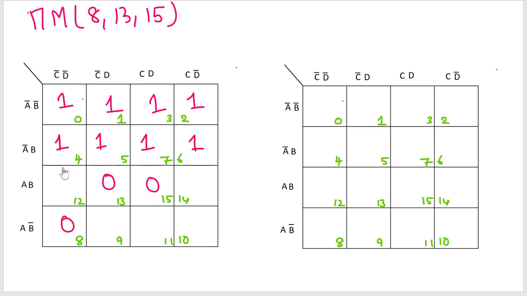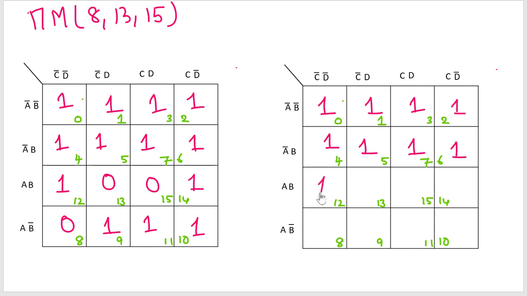We will fill both the K-maps with the identical configuration of ones and zeros. Now we fill both the K-maps.